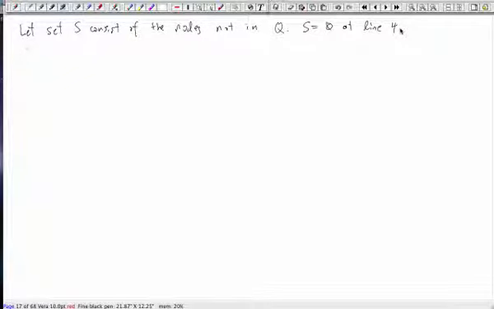Set S is going to consist of the nodes that are not in Q. And after line 4, S becomes empty because all of the nodes are in the Q.